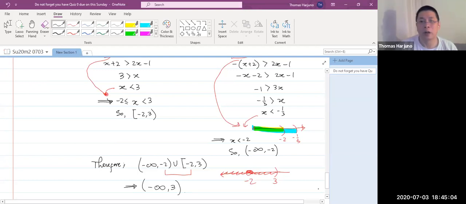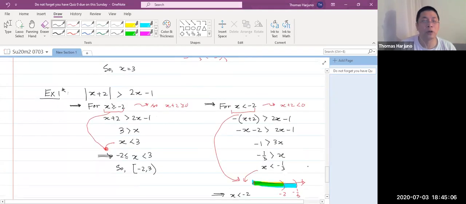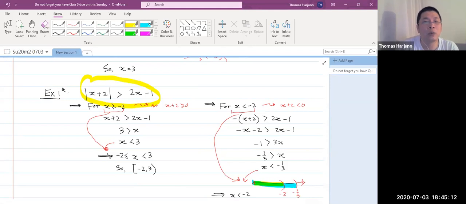How do we interpret this inequality actually? To interpret that, it basically means the graph of the blue one should be above the graph of the green one.